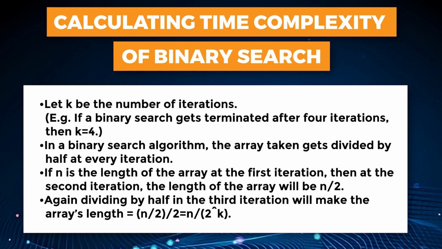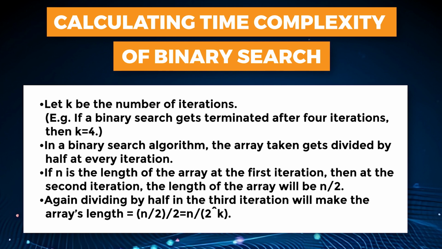In a binary search algorithm, the array gets divided by half at every iteration. If n is the length of the array at the first iteration, then at the second iteration the length of the array will be n by 2. Again, dividing by half in the third iteration makes the array length n by 2 by 2.